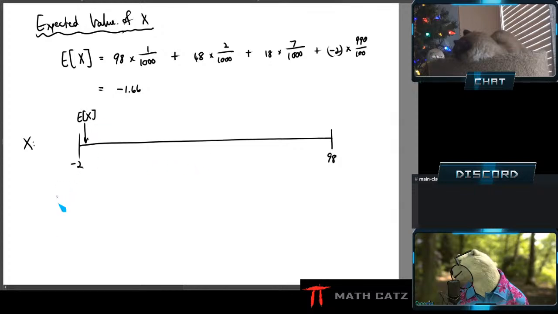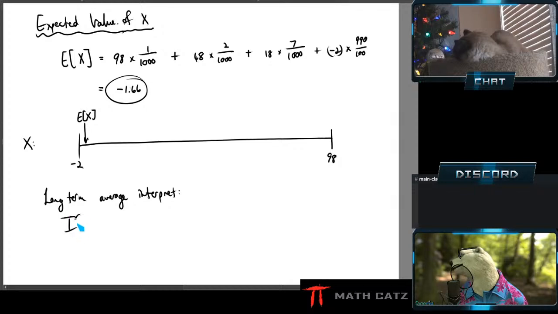Okay. But there's a more important interpretation. This is sort of a long-term average, this expected value. So we have to write it out, and then we'll repeat that next time with the following example. This expected value tells me the following.